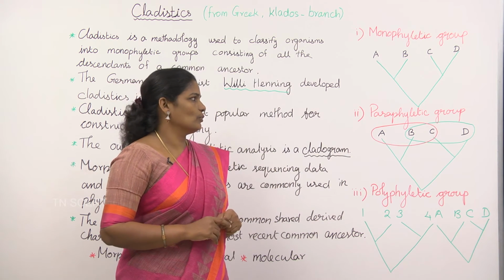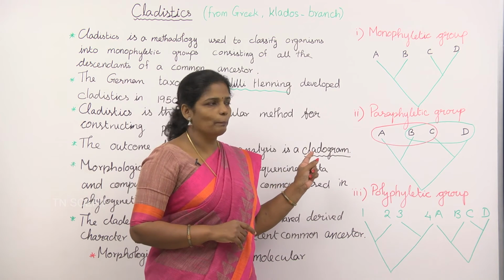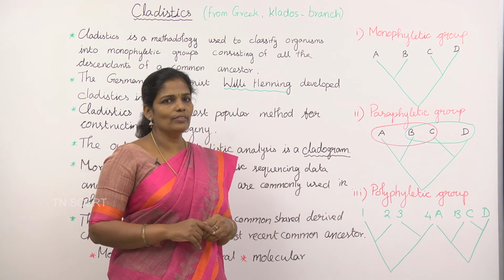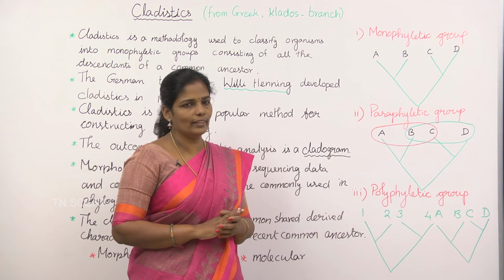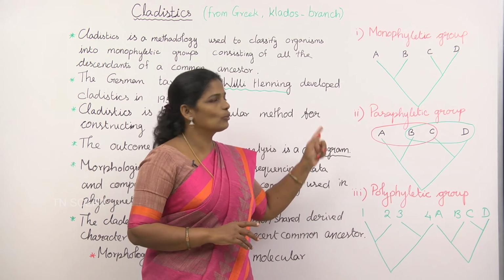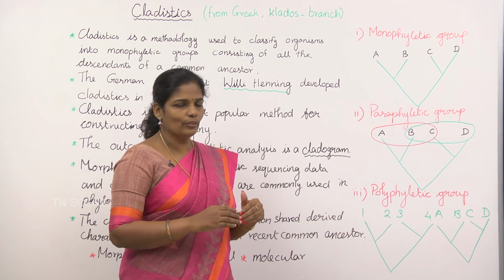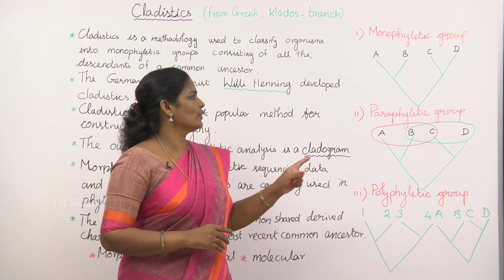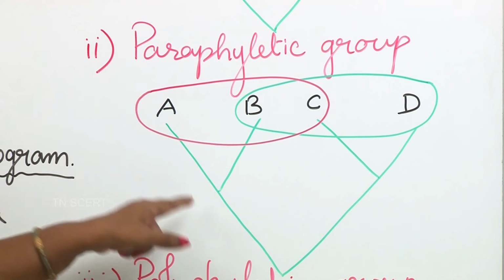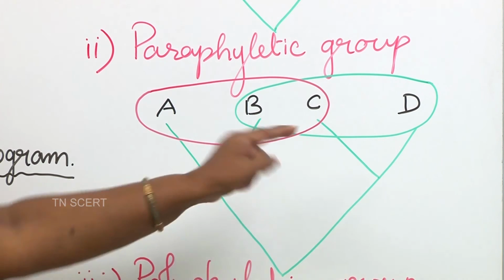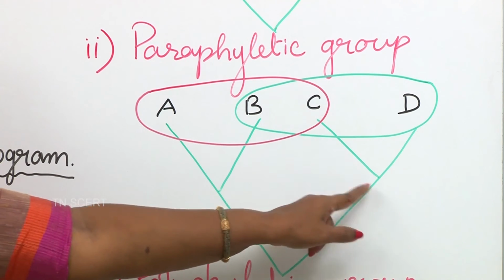Next one, paraphyletic group. A paraphyletic group means a taxon that includes an ancestor, but not all of the descendants of that ancestor. For example, here also you see it looks like the monophyletic one, isn't it? Actually it is a monophyletic group. But you see A, B, C, we call that a paraphyletic group. Again B, C, D, that is also considered a paraphyletic group, okay, because you see this is a monophyletic and this is another monophyletic, and we also say this is monophyletic.